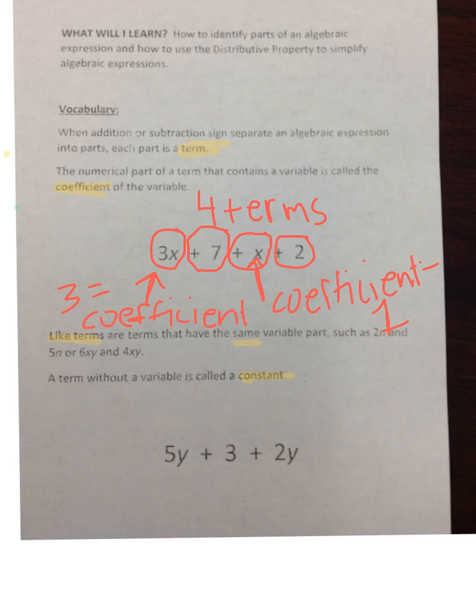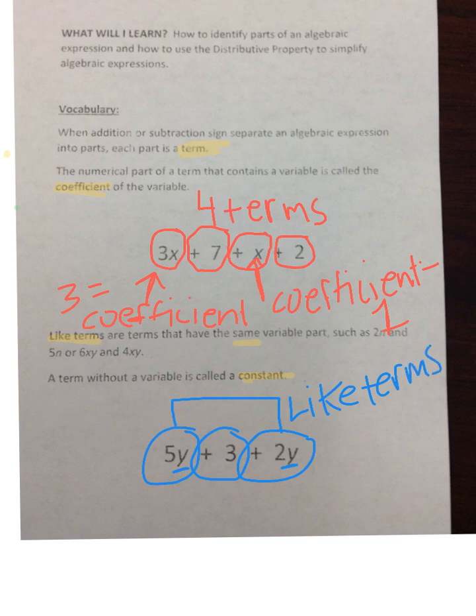First, I'm going to identify the terms. We have 5y as a term, positive 3 is a term, positive 2y is a term. So the like terms would be 5y and 2y because they have the same variable part. They both have a y. So those two are like terms.